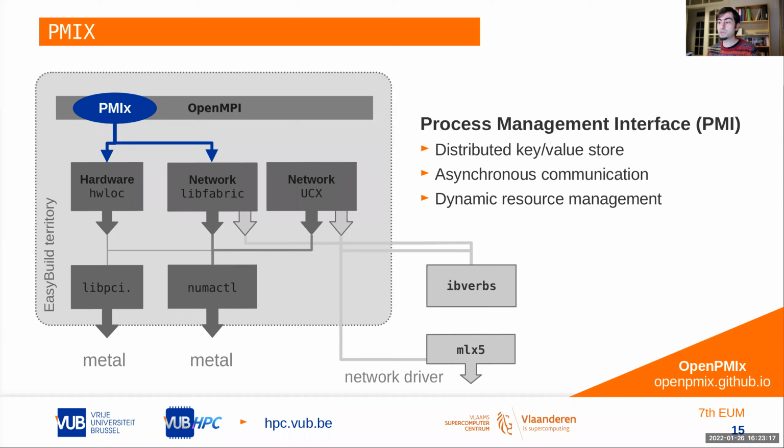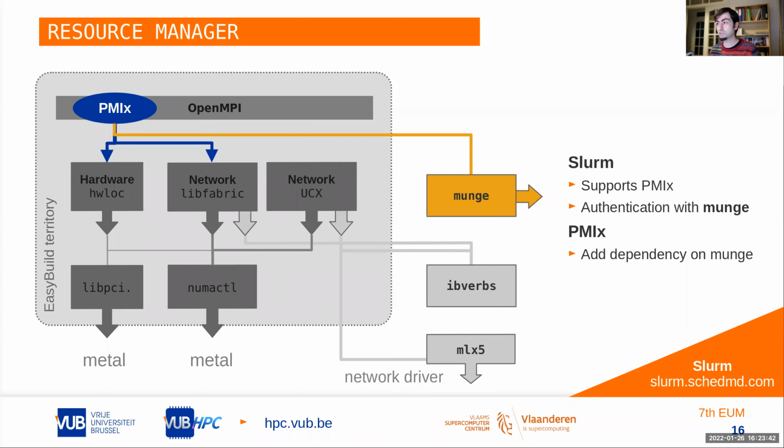So for instance, OpenMPI uses it to handle the communication between the ORTE daemons running in each compute node. But it can also be used by the resource manager. Some resource managers also support PMIx, and that's the case for Slurm.